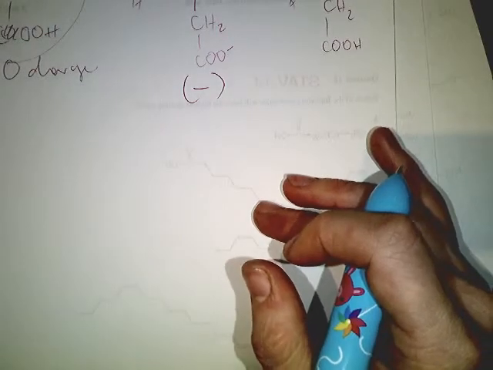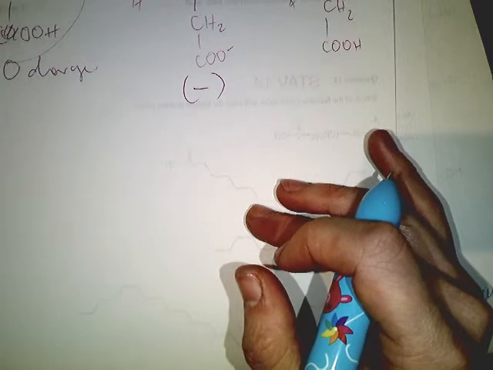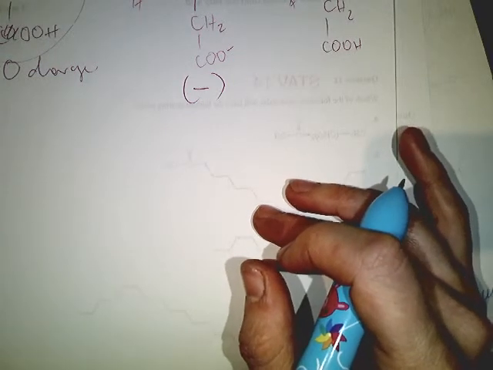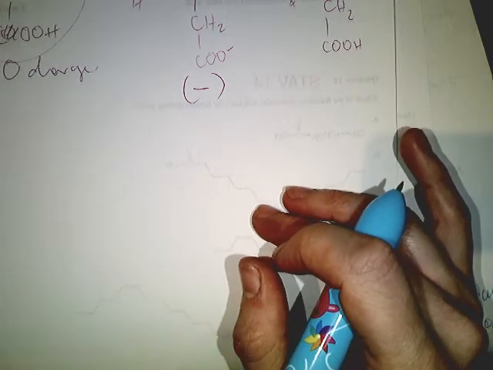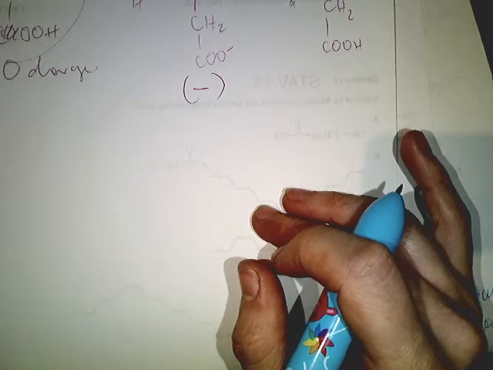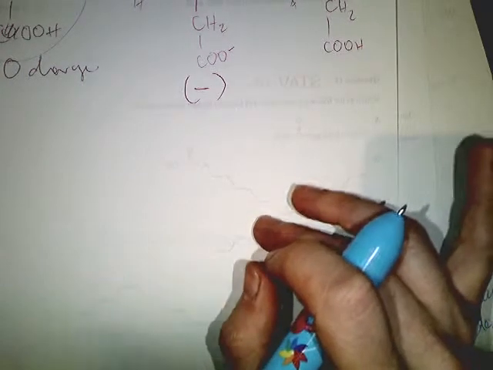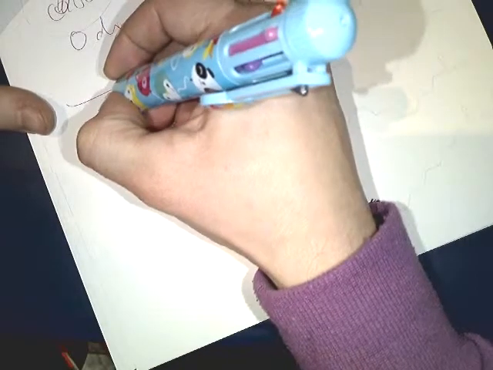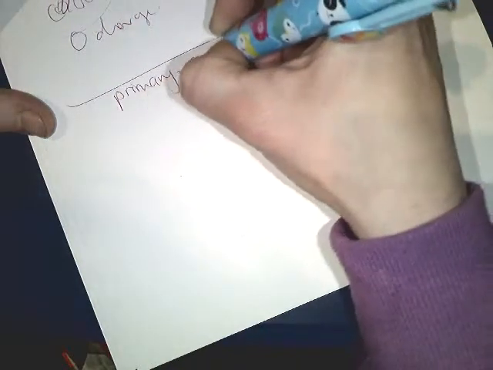Another thing that you guys have to know is about enzymes, about how they function and what can destroy their function. But the way we can get into the crux of enzymes is by knowing the primary, secondary, and tertiary structure of proteins.